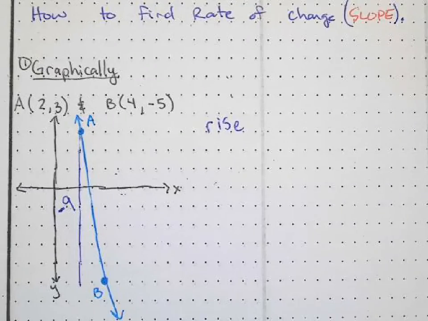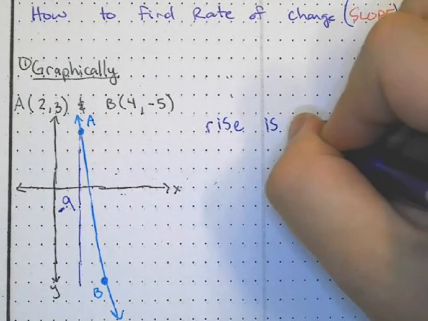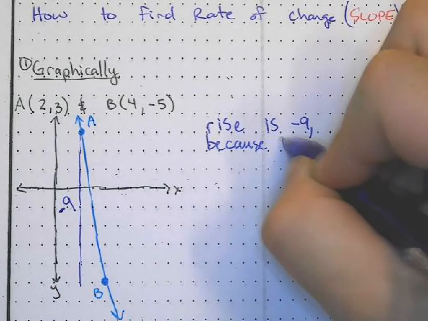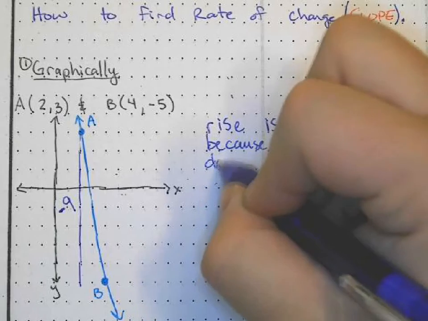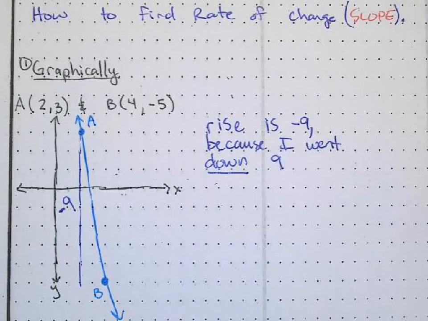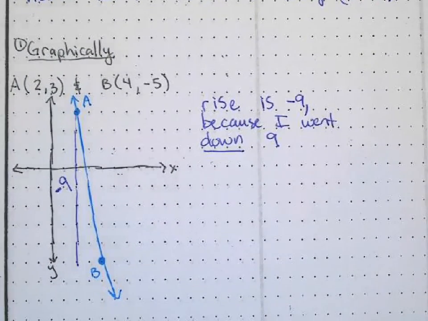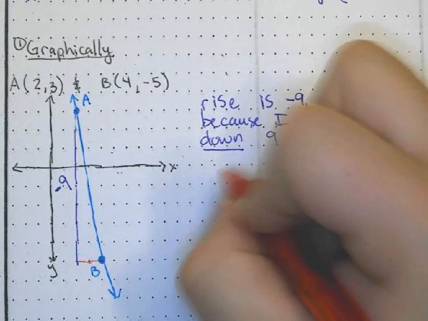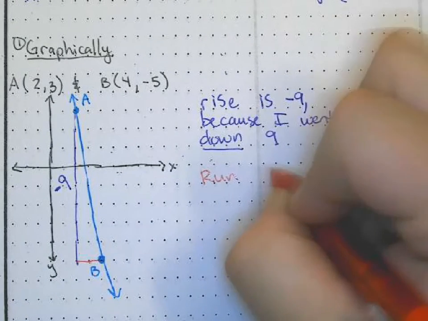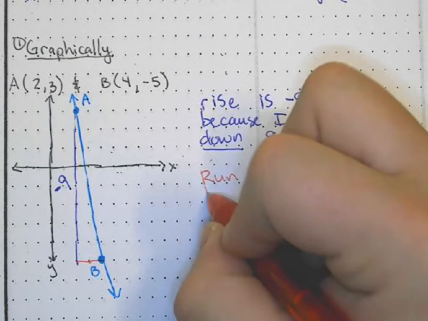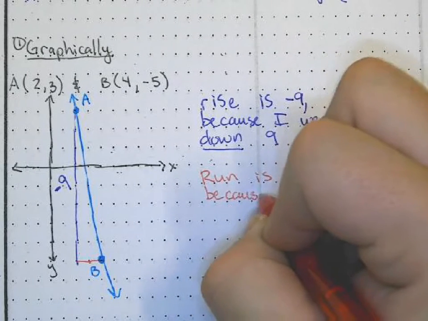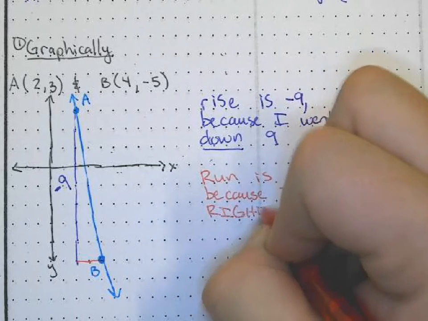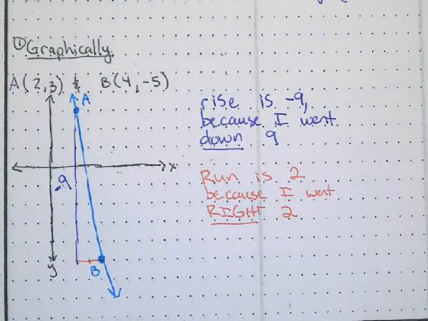So my rise is negative 9 because I went down 9. Now my run is going to be 1, 2. Run is positive 2 because I went right 2.